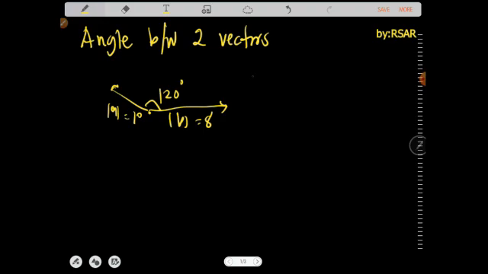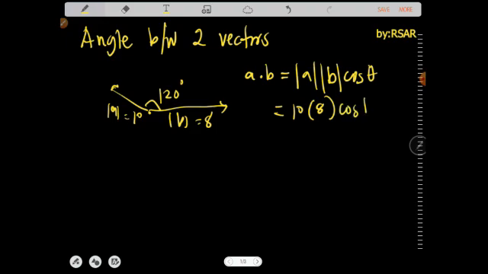Okay, so ito yung equation that product of A and B is equals to the magnitude of A times the magnitude of B times cosine theta, or yung angle between the two vectors. Okay, substitute the value, that is 10 times 8, then cosine of 120 degrees. So this is 80 times the quantity negative 1 half, or that is equals to negative 40. So that is now the dot product of A and B.